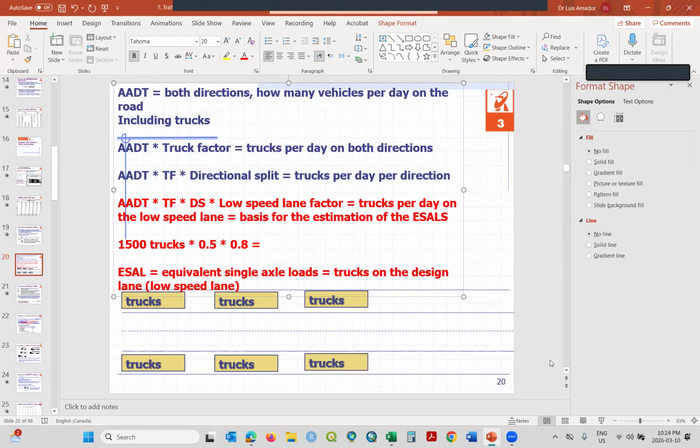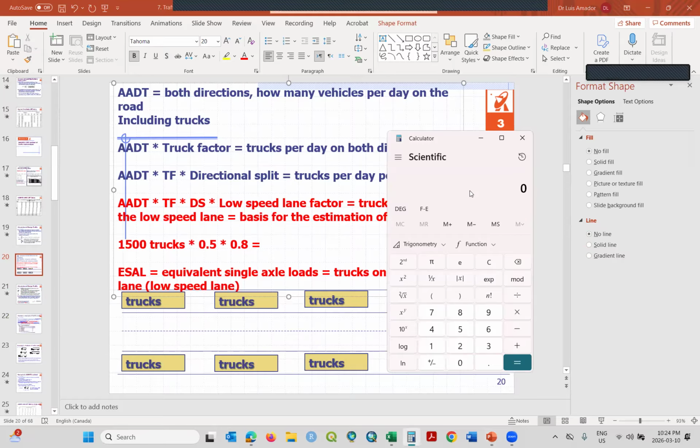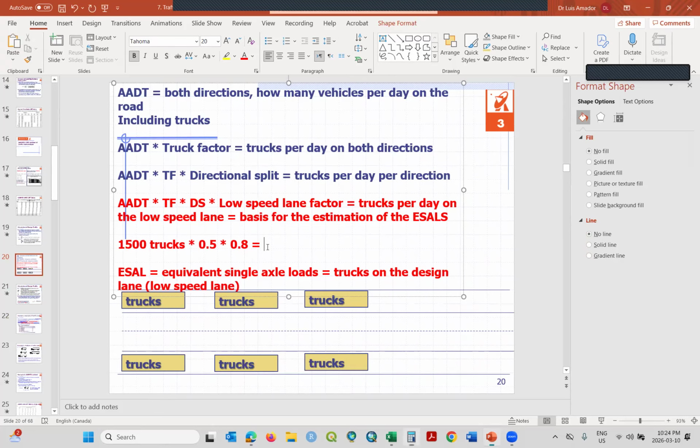This will tell us that on the design lane per day, we have 1,500 by 0.5 by 0.8. So you have 600 trucks per day on the design lane.